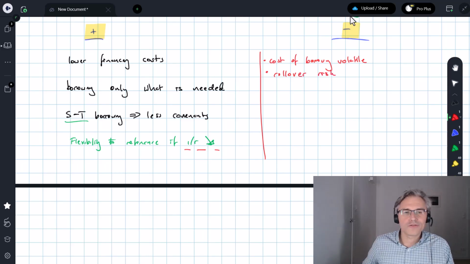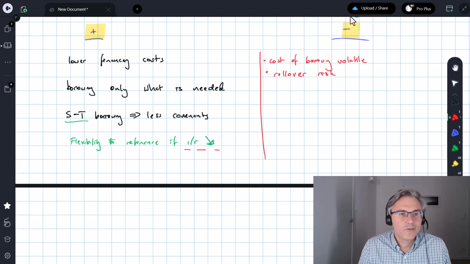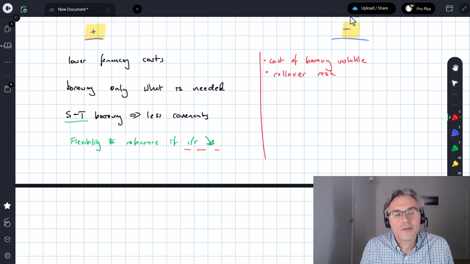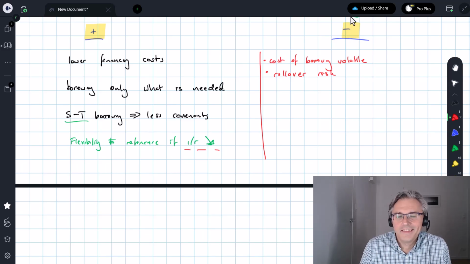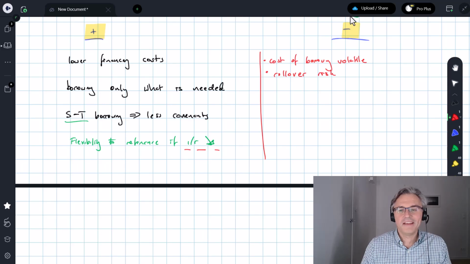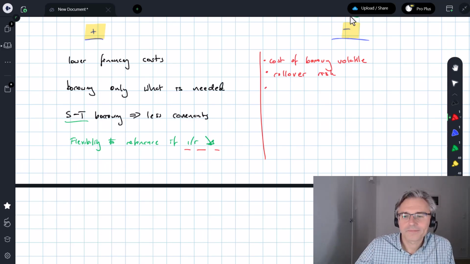If you're borrowing short-term funding from a bank or from the markets, for example by issuing commercial paper, people may stop wanting to buy your commercial paper, in which case you can't roll your debt over effectively.